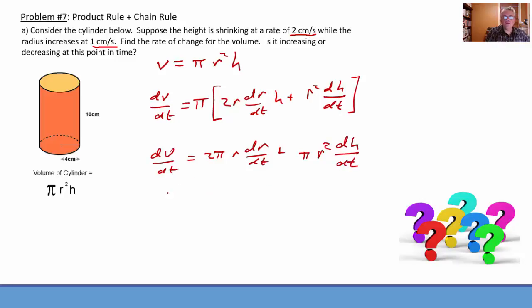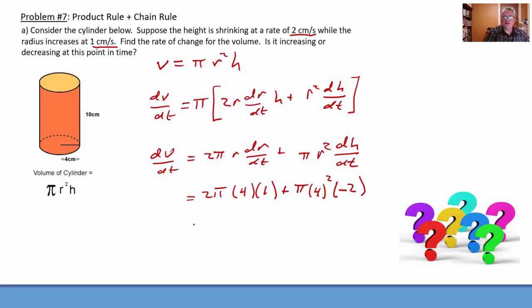All right, let's put in what we know. So this will be 2 pi, the radius is 4. The radius is increasing at 1 centimeter per second, so that'd be positive 1, plus pi times r squared, so that'd be 4 squared, times dh/dt. That's decreasing, so its derivative would be minus 2.